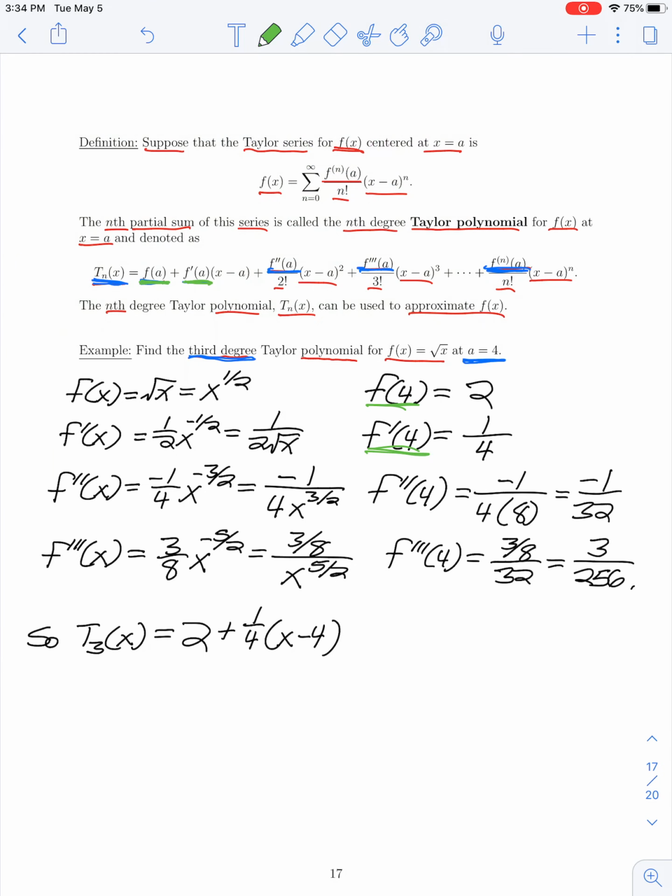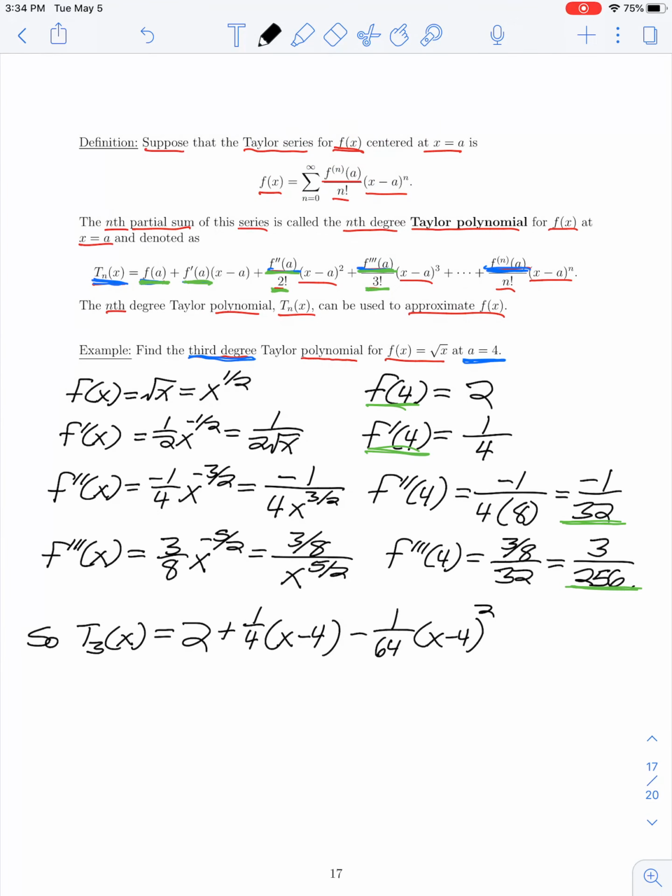Then for our next term, we have f double prime of a, which was negative 1 over 32, but then we have to divide by 2 factorial, or 2. So negative 1 over 32 divided by 2 gives us negative 1 over 64 times (x minus 4) squared. And in our last term, we have the third derivative evaluated at a, which we found to be 3 over 256, and then we divide by 3 factorial, or 6.